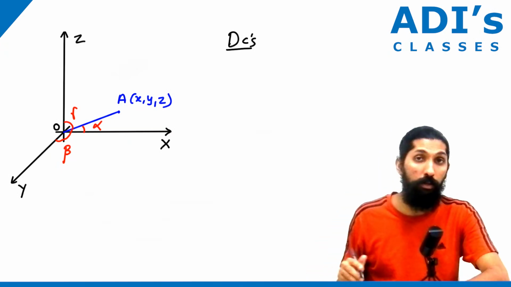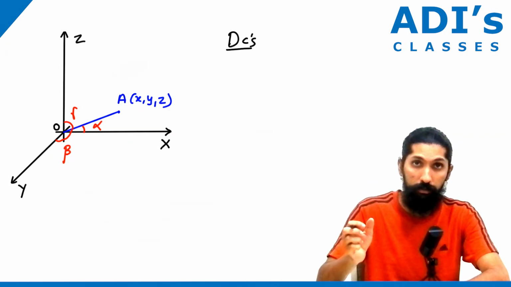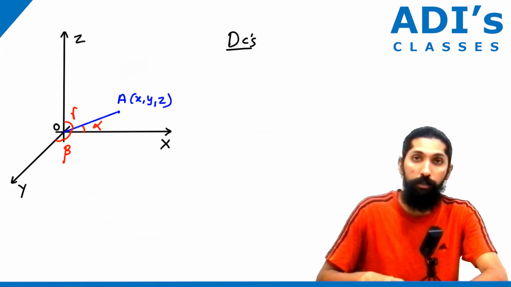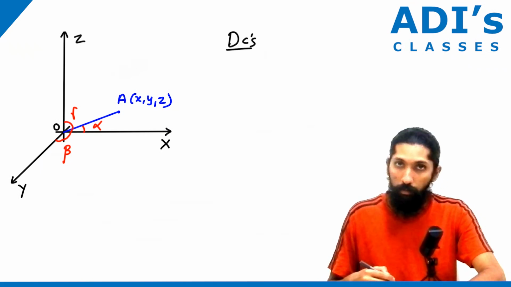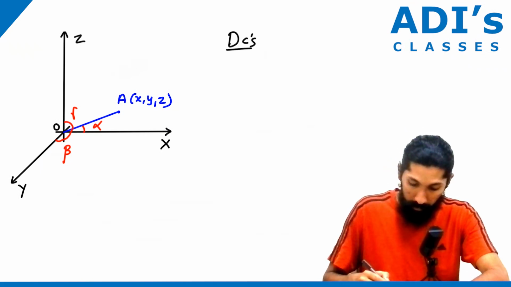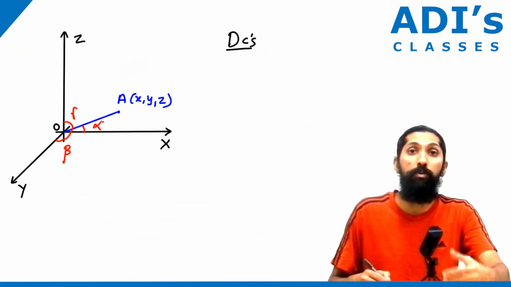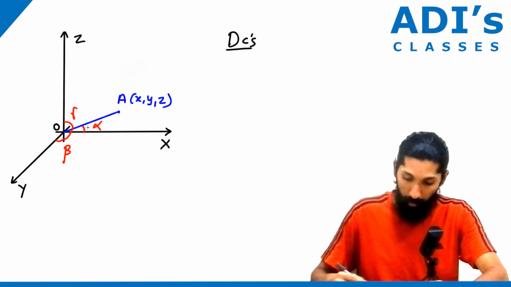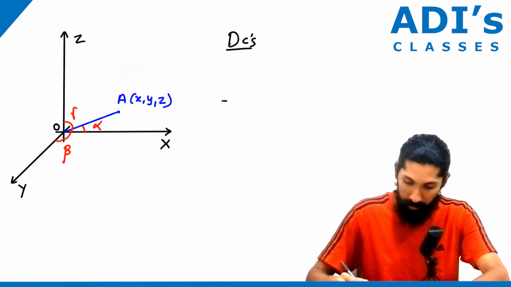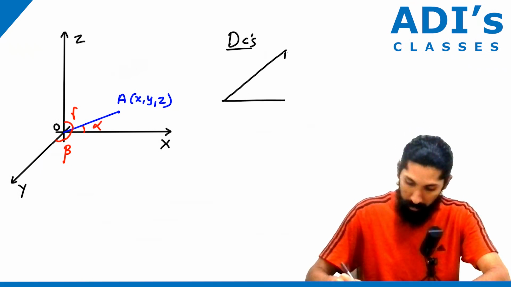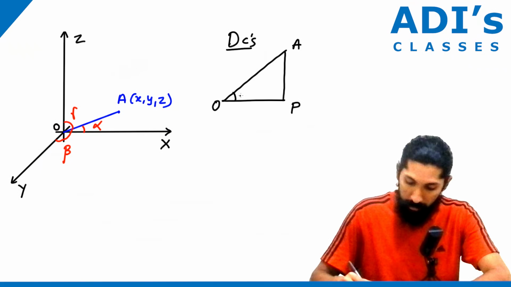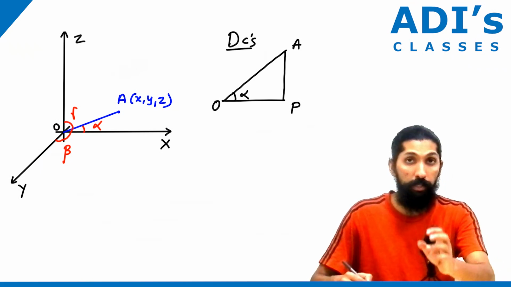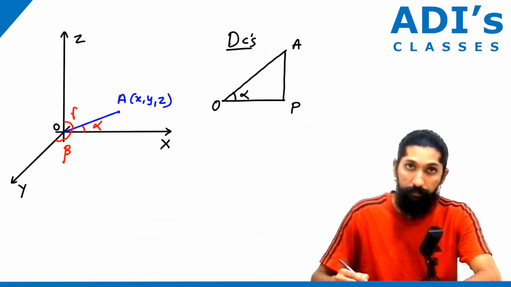The reason why we call it direction cosine: take this OA, O and A. Let's say we are going to make this into a triangle. Say this is O, this is A, this is some point P, where this angle is alpha. That means P is a point on the x-axis, correct?